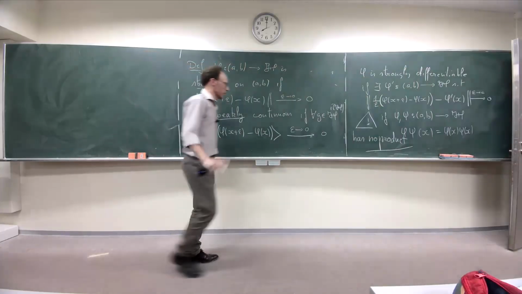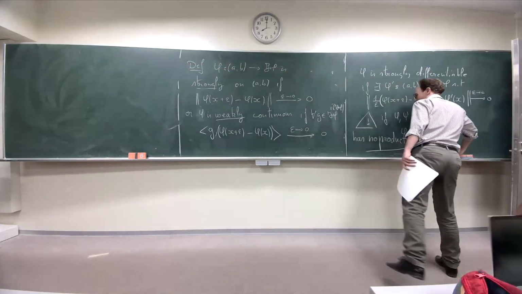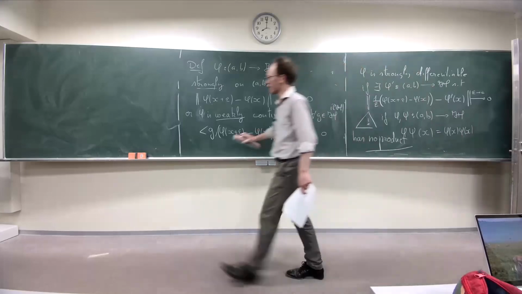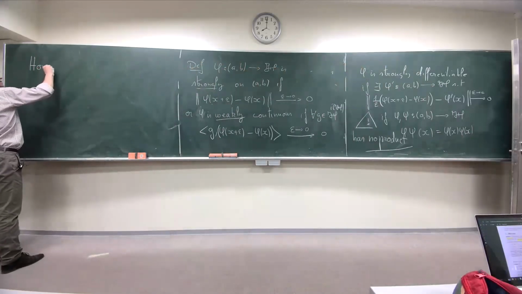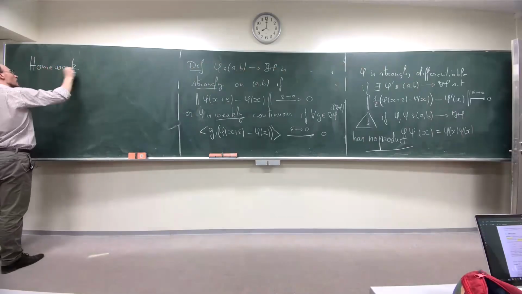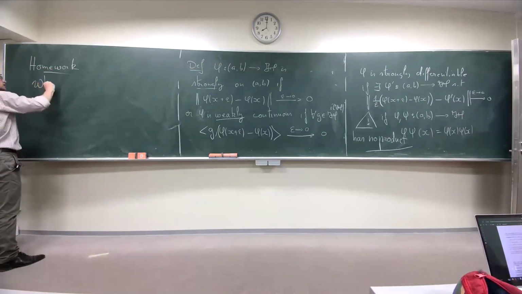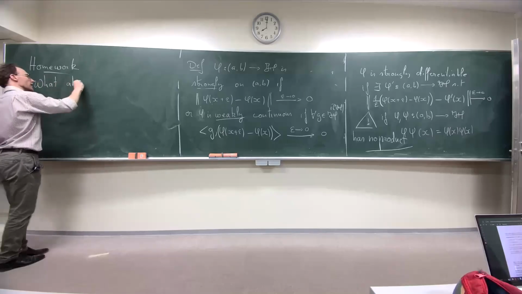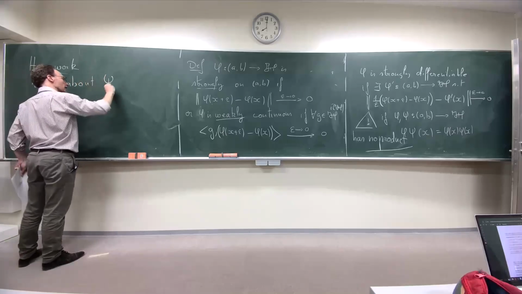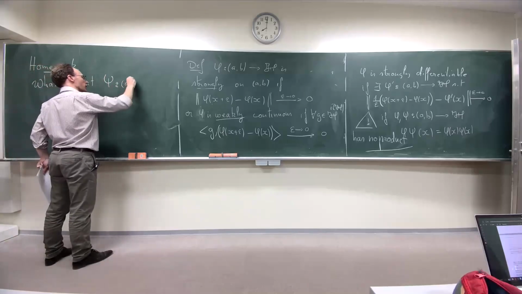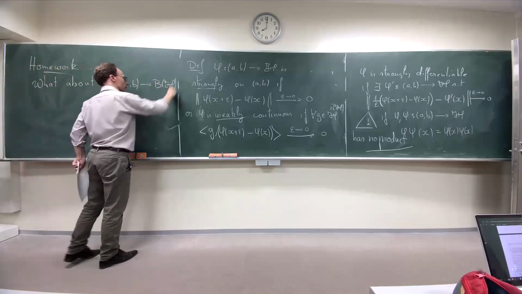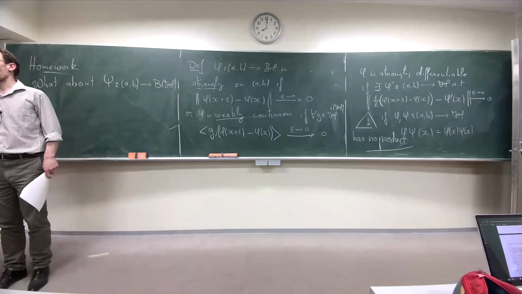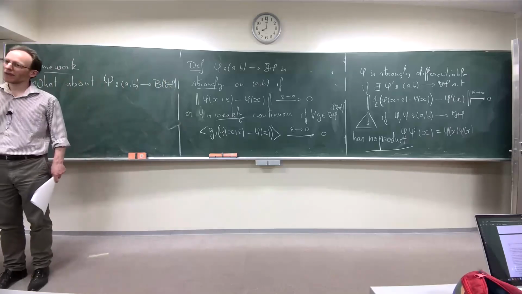I will stop after one more sentence. This is your homework. What about now functions, take a capital letter, psi from AB to B of H? So think about a function having values in the set of matrices.